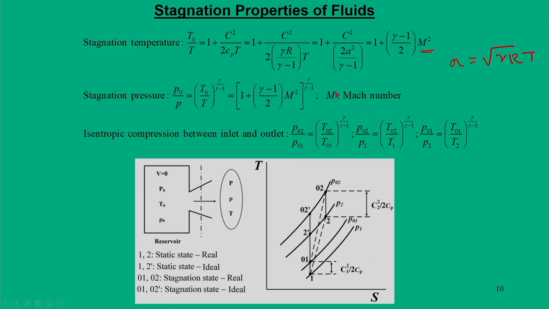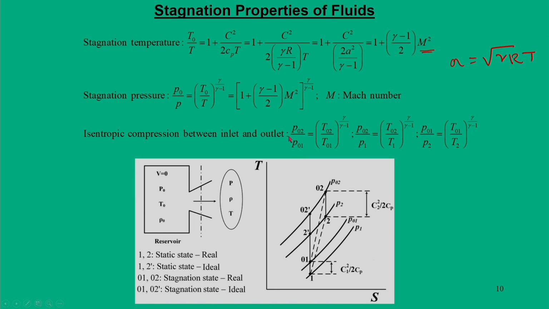So, this Mach number of the fluid is a very vital factor in calculating the stagnation temperatures and pressures. Having said all this, when the system goes from state 1 to 2, different isentropic relations can be derived for P02 by P01 and T02 by T01.